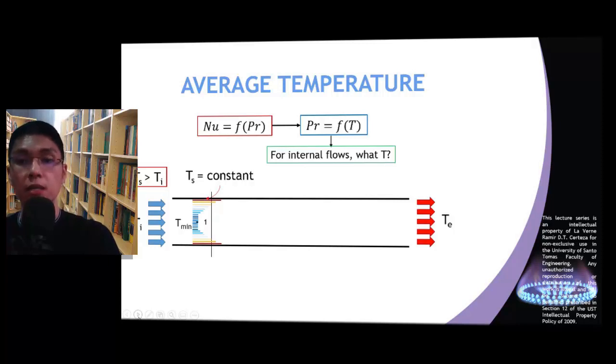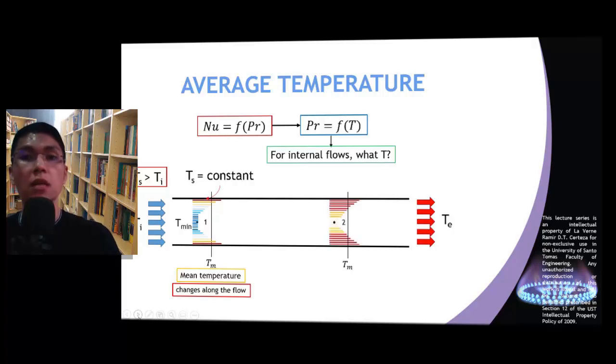The temperature at this portion of the fluid flow can be averaged to a single value which we can refer to as the mean temperature T sub m. However, unlike average velocity, the mean temperature changes along the flow. Therefore, the mean temperature at point 2 is not equal to the mean temperature at the upstream point 1.